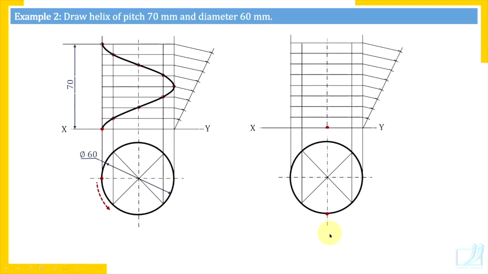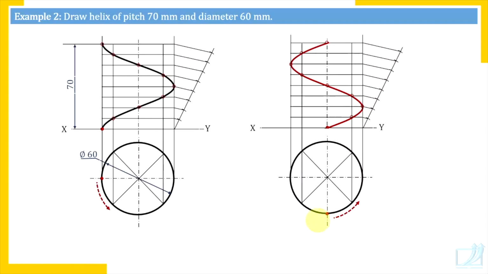Now, different positions or directions of rotation. Here I have shown the helix on the front side. Here I have shown the initial position on the front side but at the bottom, and let's assume it starts moving in anti-clockwise direction. So on the right side its next point will be, and in that way you start marking the points. There are no hidden details involved, so the entire curve you make dark.